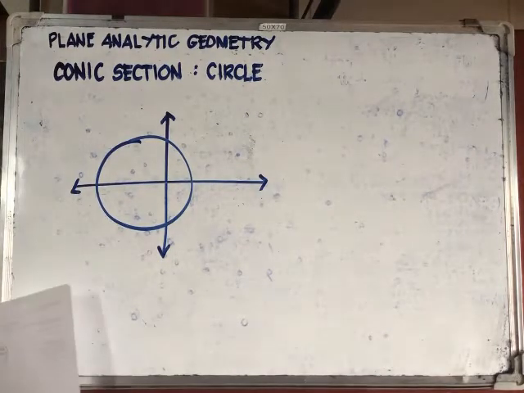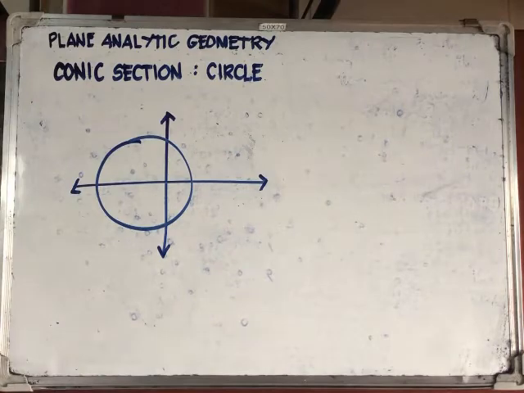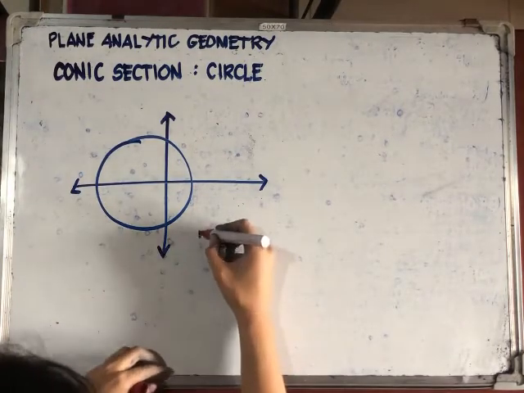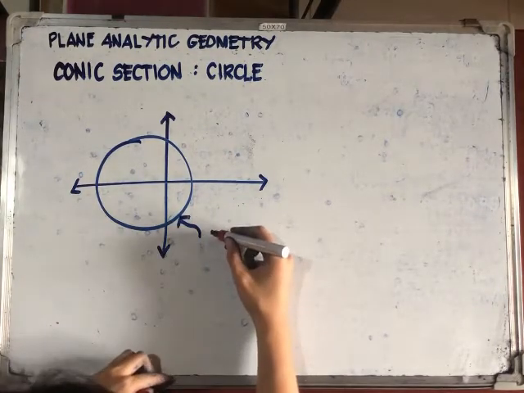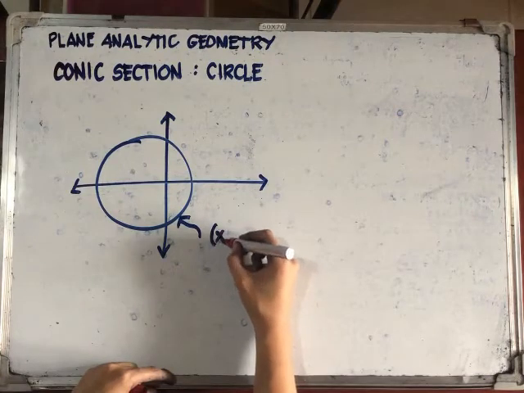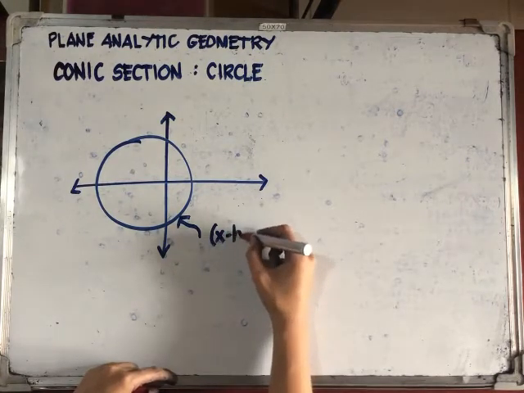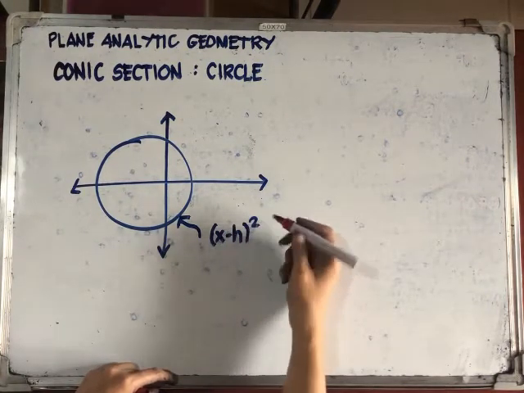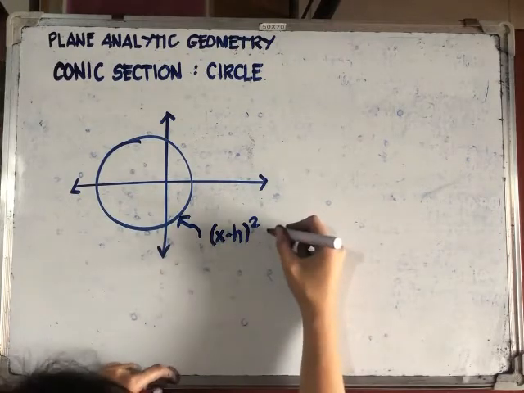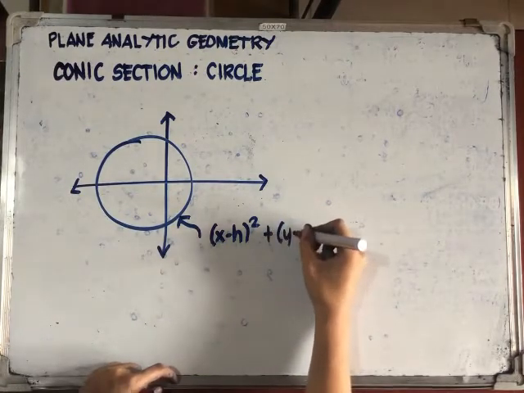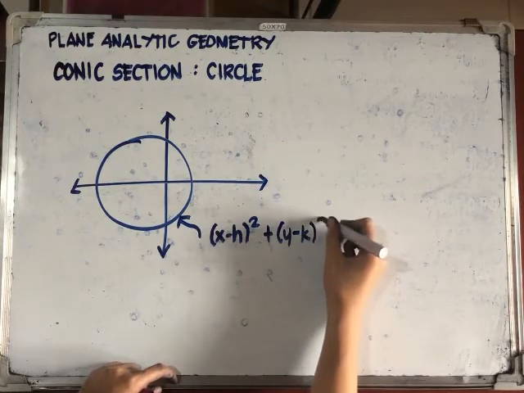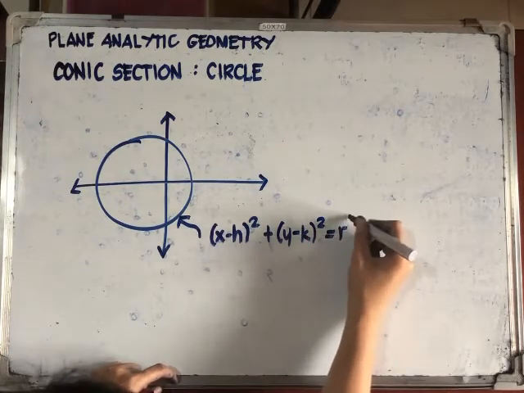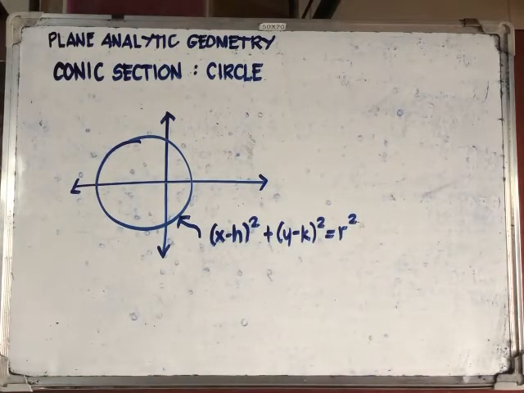And let's talk about the parts of that circle. Ano bang meron sa circle na to? Meron tayong equation of the circle na tinatawag. It is in the form of (x minus h) squared plus (y minus k) squared is equal to r squared. Alright?